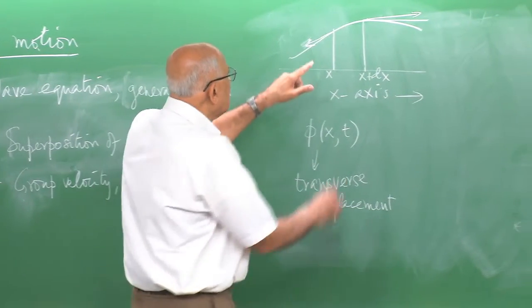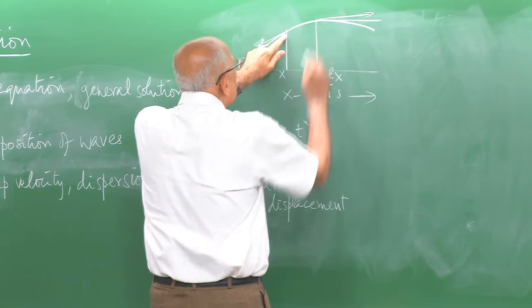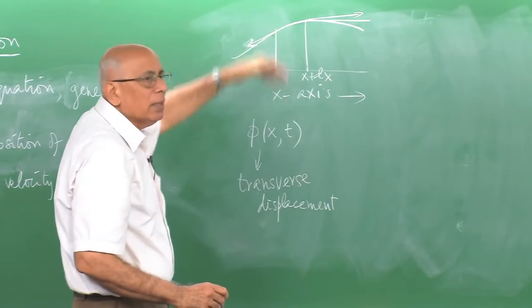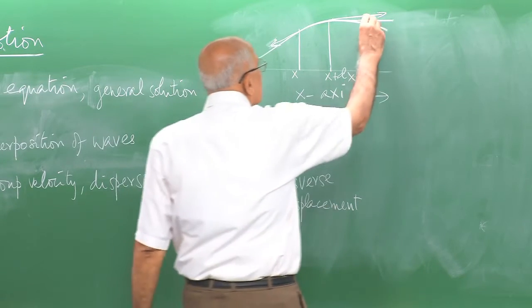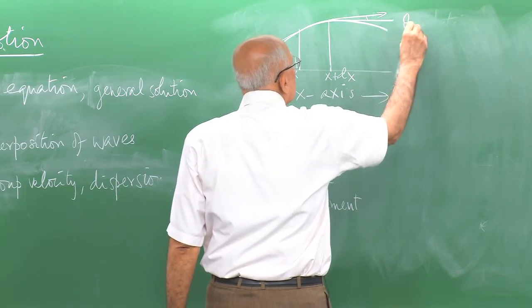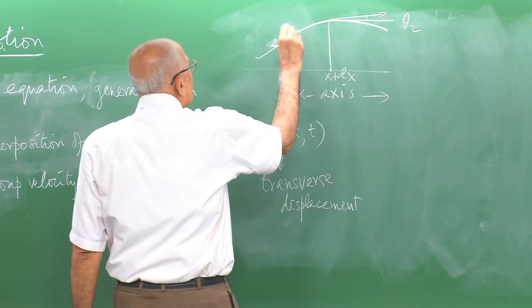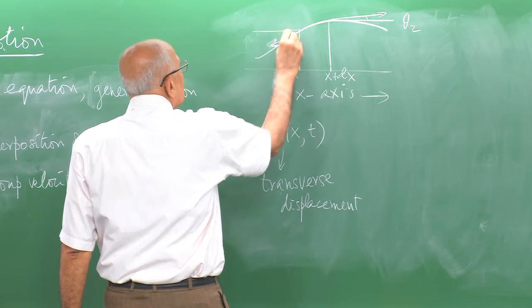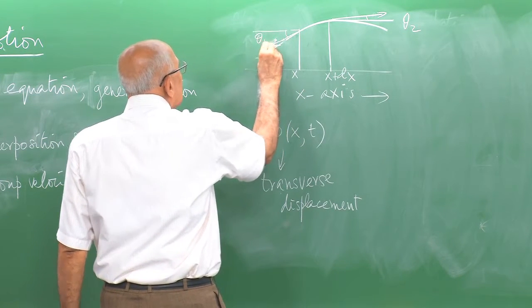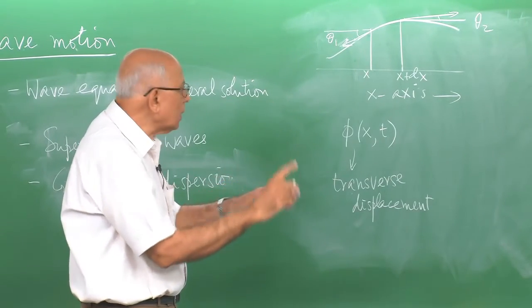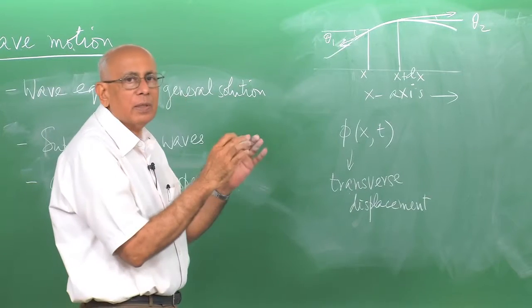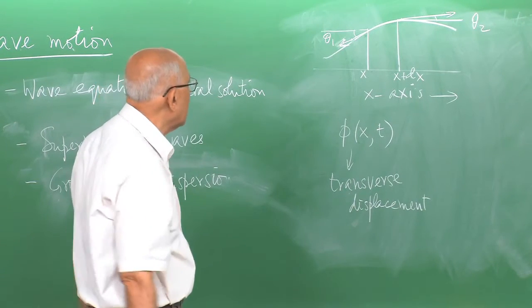Well, looking at this element of the string here, we are concerned with what happens in the vertical, transverse direction. So, if this angle here is theta 2 and this angle is theta 1, then we are concerned with what happens to the vertical component of the force, and we equate that to the mass times the acceleration in the transverse direction.